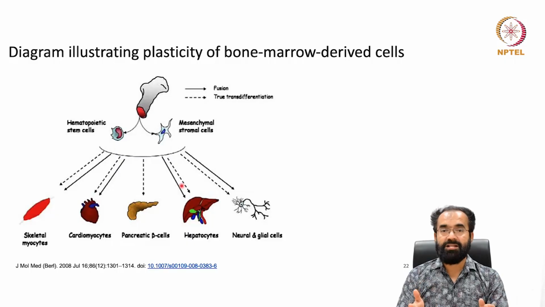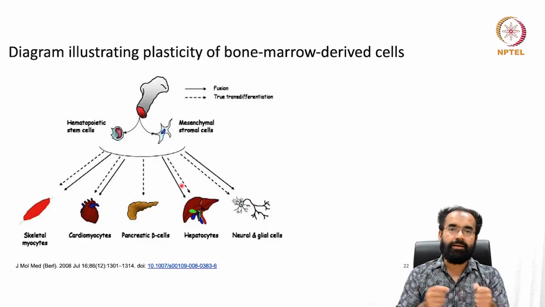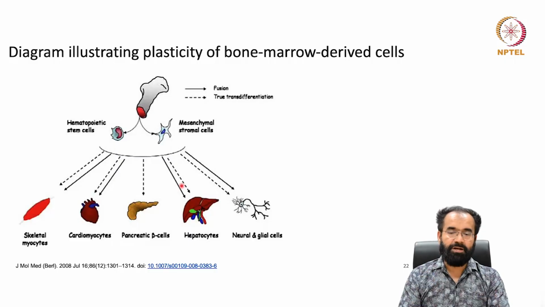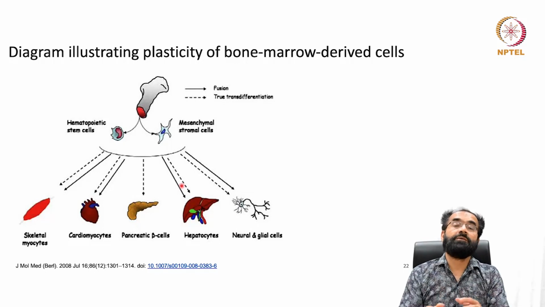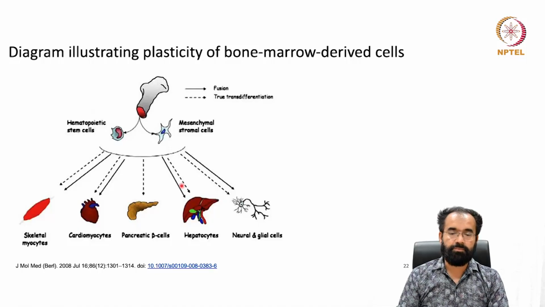That means depending upon the need or the decision taken by the researcher or the clinician, you can either dump these hematopoietic stem cells or mesenchymal stromal cells into a tissue and expect them to become that, or in a petri dish you convert them into liver cells or cardiomyocytes and then put them into the respective tissues.